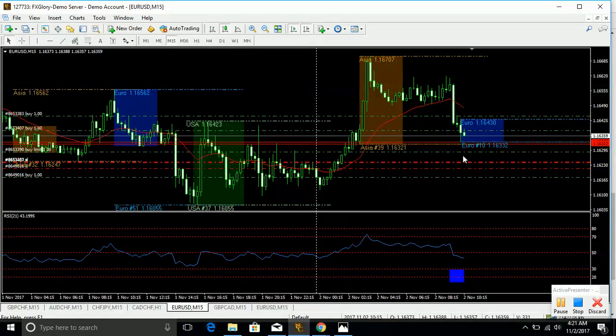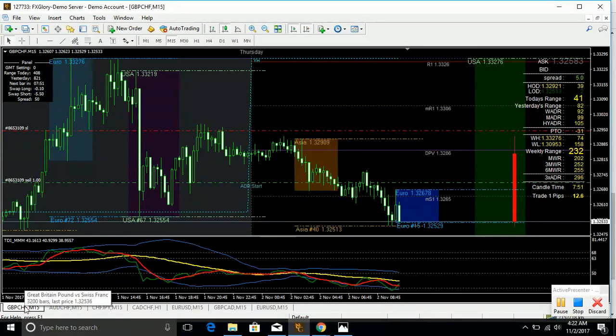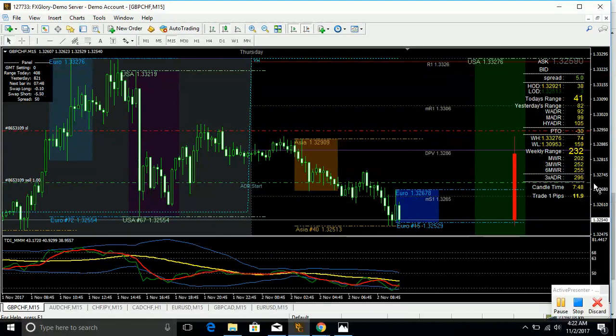Okay, so if you see any pairs that are trading around the previous day's high or low at the beginning or the end of a session, trade that pair. Here's the pound CHF. It's definitely gonna work out for us.